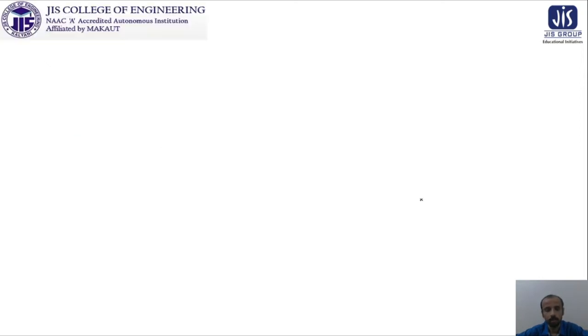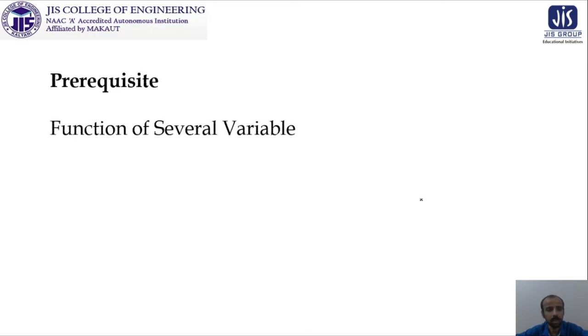Now, the prerequisites for these classes are the function of several variables and its concept. When you are trying to find the gradient, the complete basic idea of several variable functions is required, because on those functions we are trying to operate some operator.